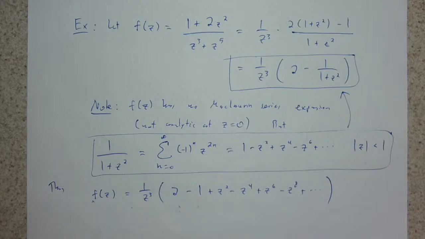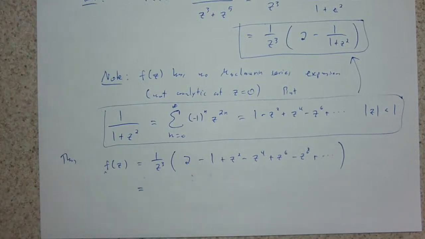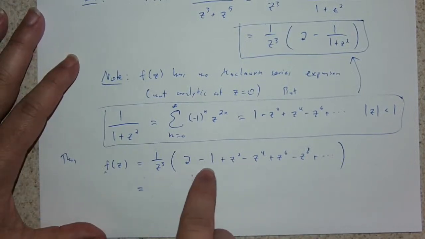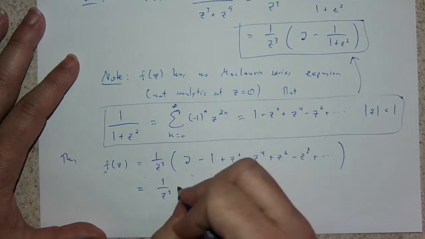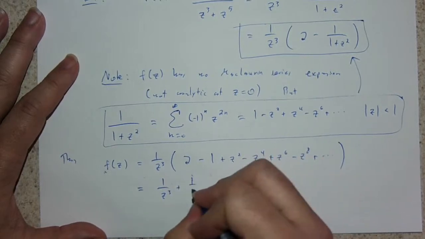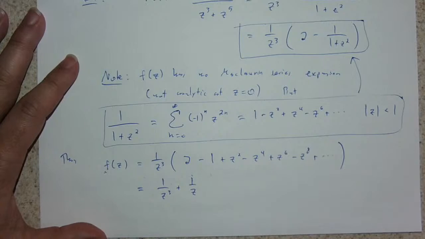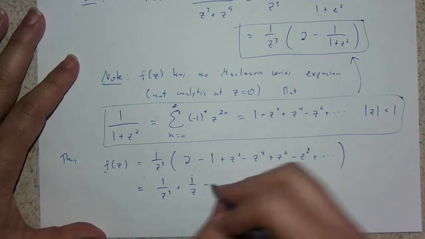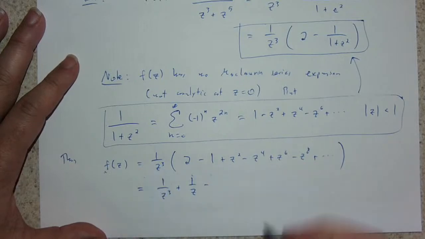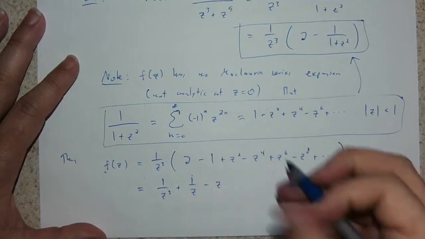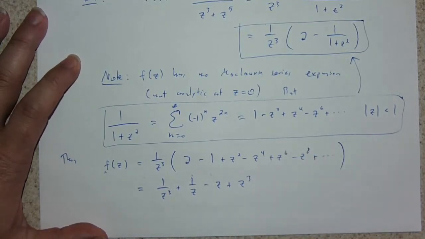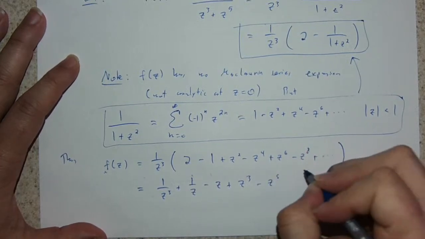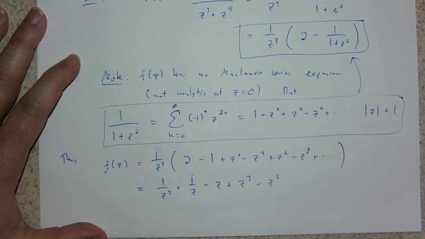And so multiplying through here, 2 minus 1 is just 1, so this is 1 over z cubed plus, this is z squared over z cubed, so this is plus 1 over z, minus z to the 4th over z, so that's minus z, and then plus z cubed, minus z to the 5th, and so on.